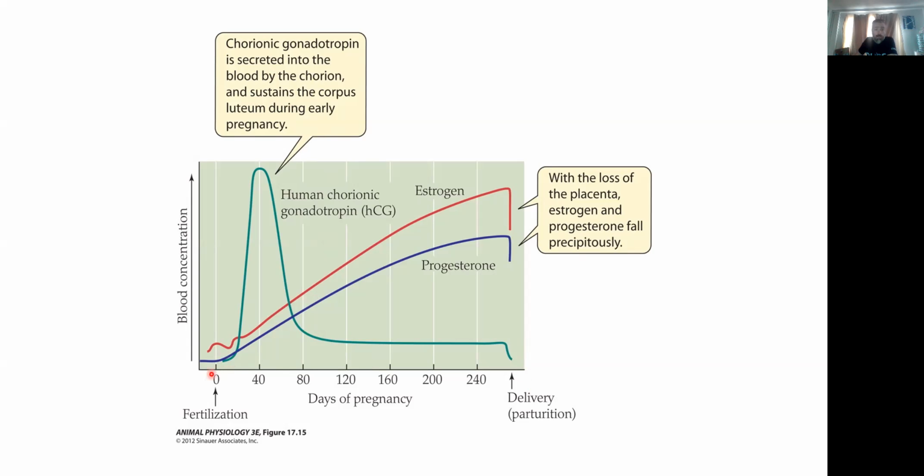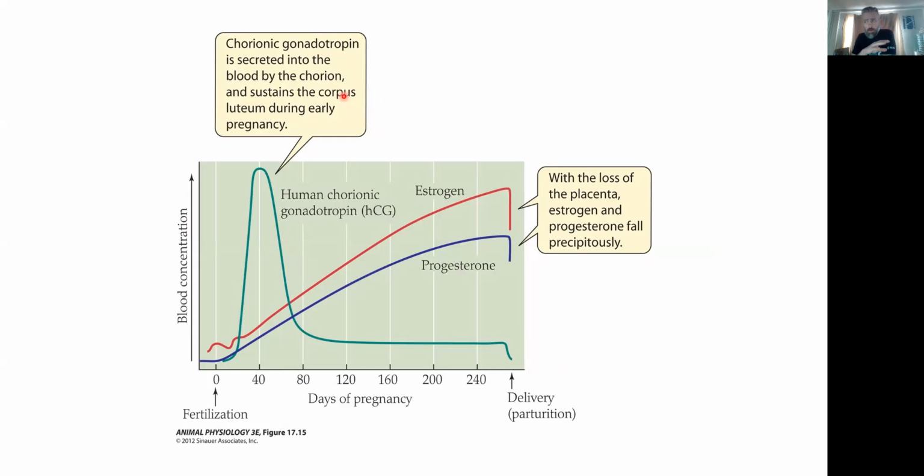So immediately after fertilization, we're going to begin secreting a hormone called chorionic gonadotropin, or CG. Here for humans, it's HCG. And human chorionic gonadotropin spikes really, really early on. What it does is it simply prevents the corpus luteum from being broken down. It continues to allow it to make and maintain the endometrium by producing progesterone.